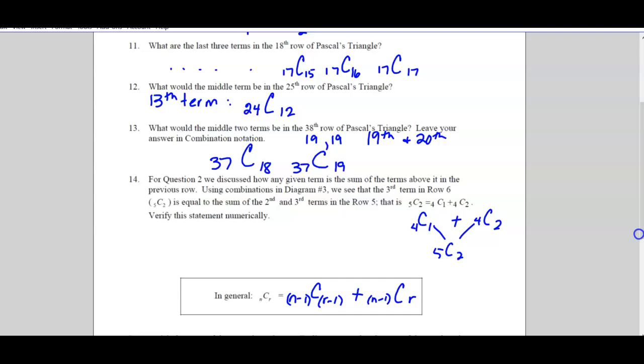So based on this, any term in our triangle, you can get by adding the two diagonals above it in the previous row. So if we are calling this 5n, then we've got to subtract 1 from it to get the previous row. Okay, so that's all that's saying. Really, you're not going to use that formula so much as just coming up with the values.